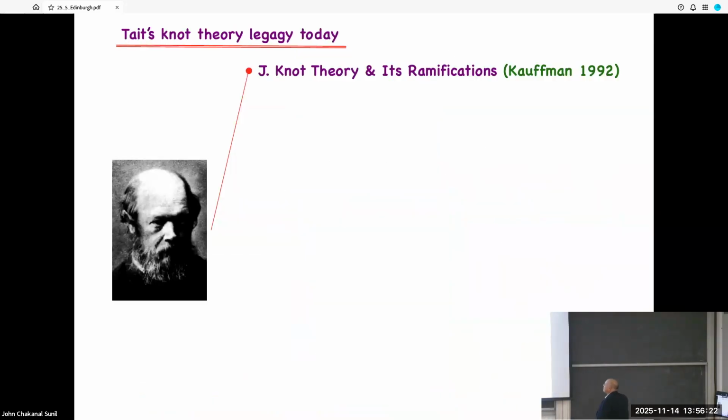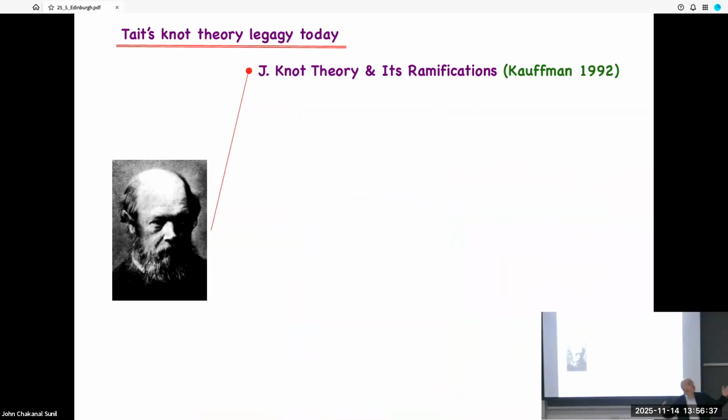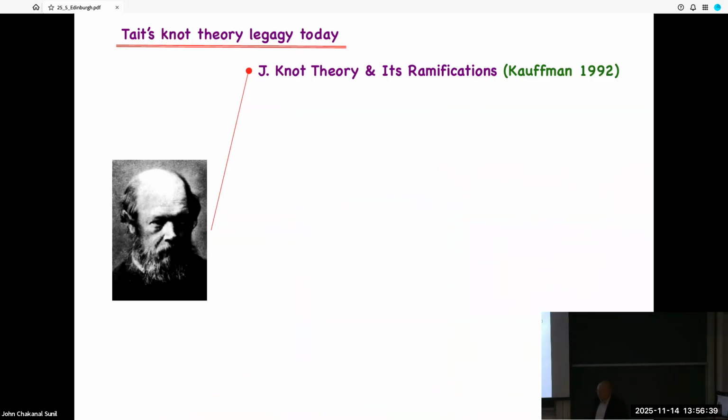So, okay, what we take from all this? Well, a journal came out, 1992, by Lou Kaufman, Journal of Knot Theory and its Ramifications. I know, guys, you are not interested. Impact factor 0.06. Sorry, Lou, but this is pure maths.